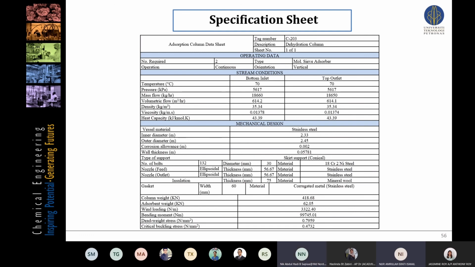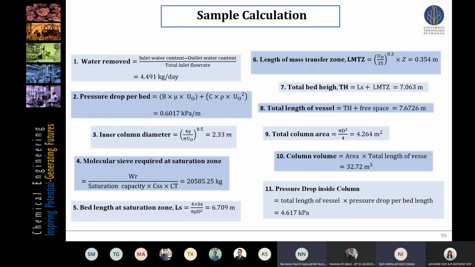Okay, seems logical. Pressure drop: you already calculated it earlier, right? Yes, pressure drop is 5 kilopascal. This is for the dehydration column. Okay, seems logical.